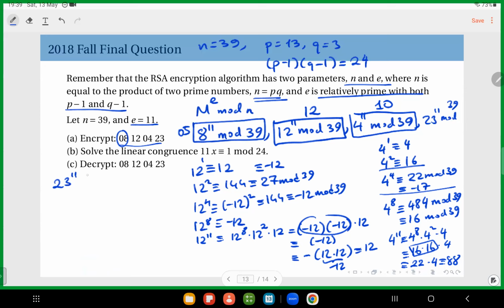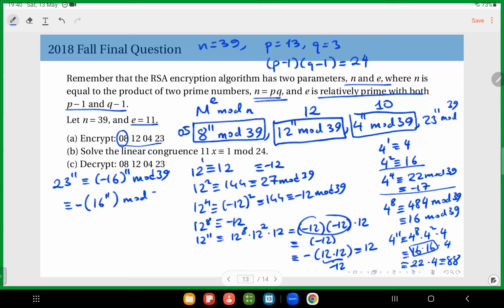You can either use 23 here, or you can use minus 16 to the power 11, because they are congruent. This will be an odd power, therefore the minus will remain. So I can just write this as minus 16 to the power 11.